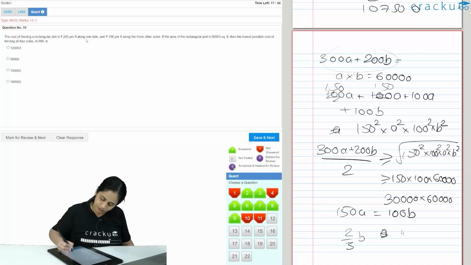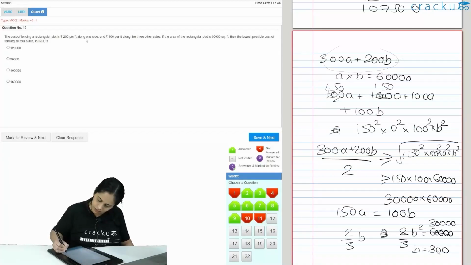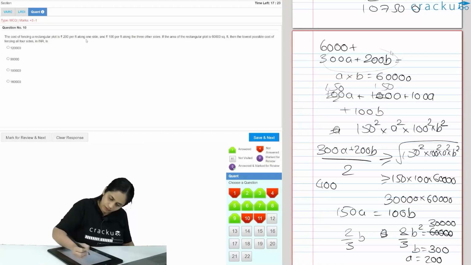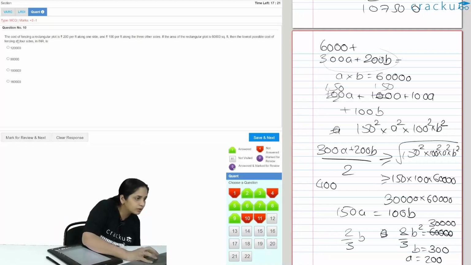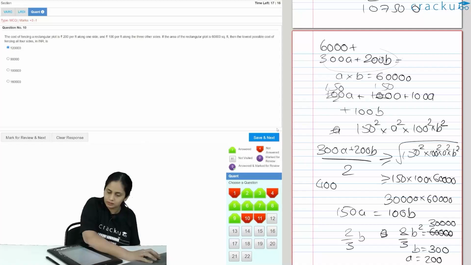So 2 by 3 B square is equal to 60,000, so this is 90,000, so B is equal to 300 and A is equal to 200, so that is equal to 12,000. Yeah, I think it's 60,000, sorry.